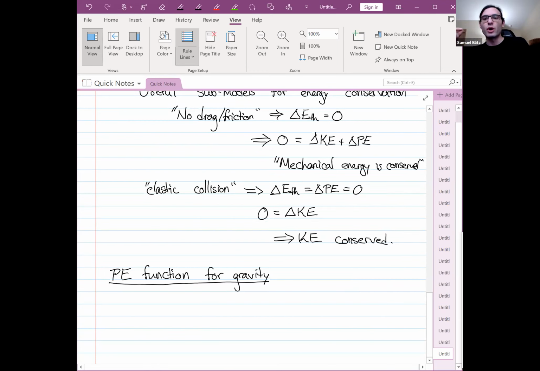As long as you know what the number is at every location, relative to the Earth, say, let's say that you knew the gravitational potential energy value at every place around the Earth. Well, then you could just take the difference to find the change in potential energy rather than having to do a line integral every time. So that's what we're going to do, because it's generally easier to just take the difference of two numbers than it is to actually compute the work done by the force every time.